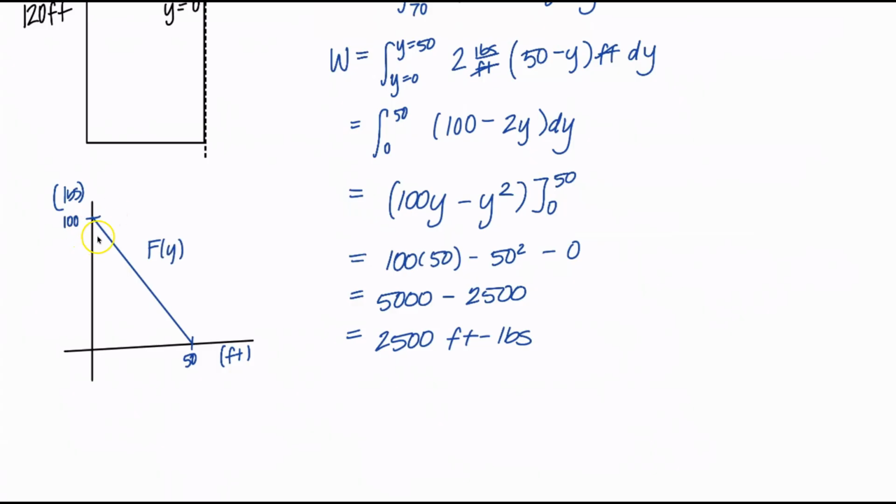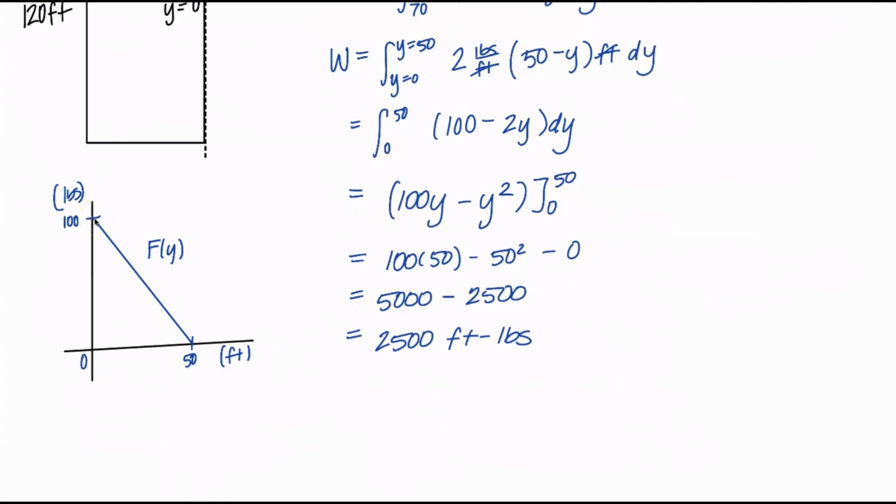And I want us to think about how this makes sense. Initially at 0 feet, the total rope weighs 100 pounds. That makes sense because each foot is 2 pounds. So at a y value of 0, if I haven't pulled any rope up yet, the whole rope is going to weigh 100 pounds.